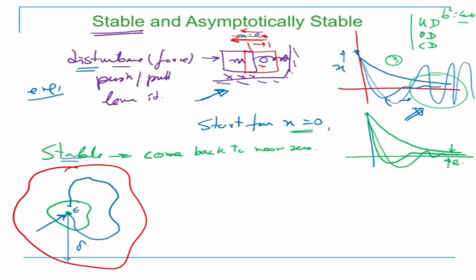In this equation, mx double dot plus bx dot plus kx equal to 0, the bx dot term is friction, and friction consumes energy by converting it into heat and plastic deformation on the surface. So you're losing energy, and it cannot come back to where it started because it doesn't have that energy.